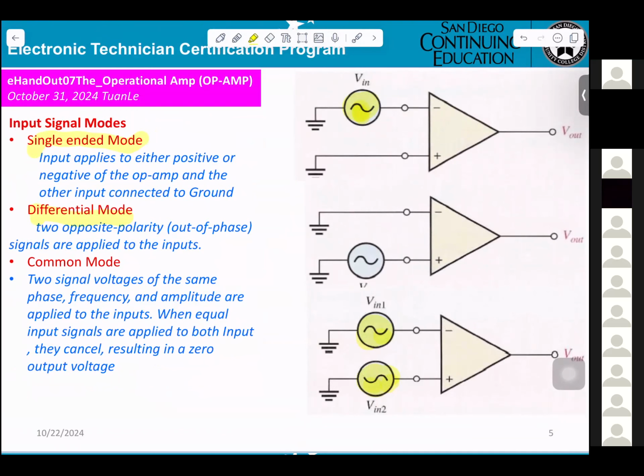However, we emphasize here, input one and input two must be opposite, 180 degrees of phase. On the other one, you apply a single input to negative, or you can apply the input to positive, only one. That's okay. However, again, when you apply to both, the signals must be opposite, 180 degrees of phase.